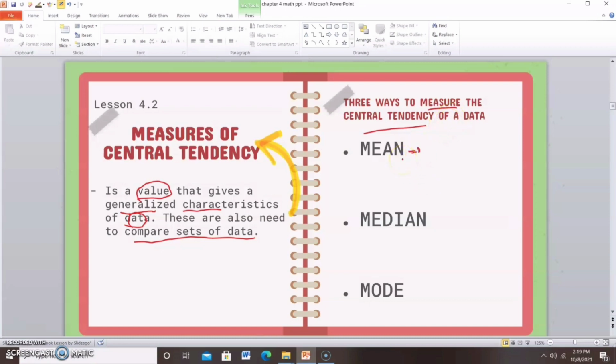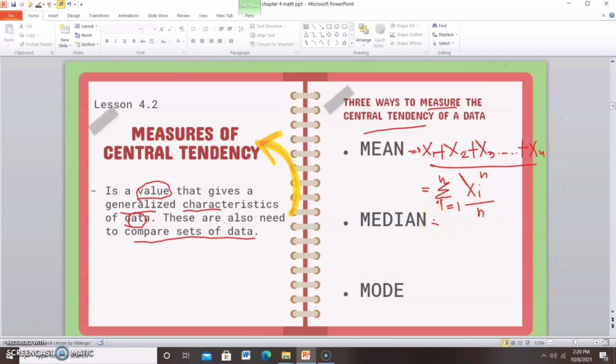The mean is the sum of all values in a set of data divided by the total number of observations. The formula is x sub 1 plus x sub 2 plus x sub 3 up to plus x sub n, over n, or the summation of x sub i from i equals 1 to n, divided by n. So that is the mean.